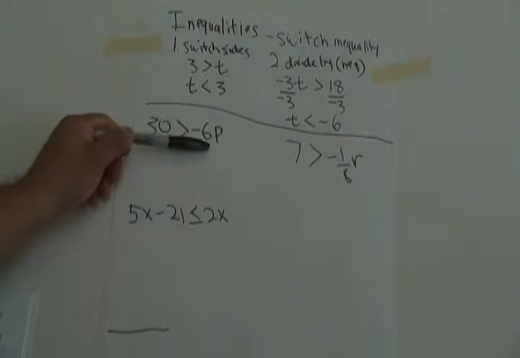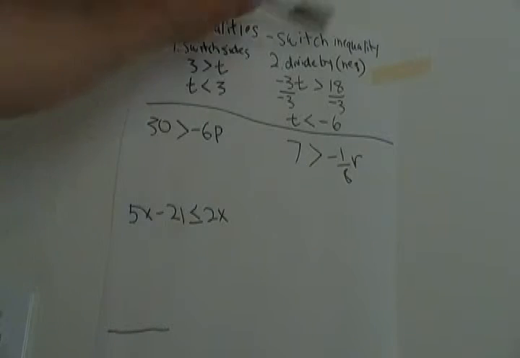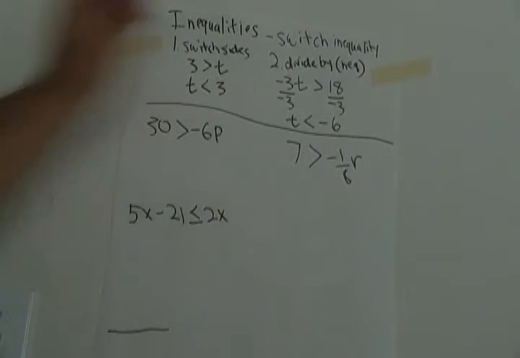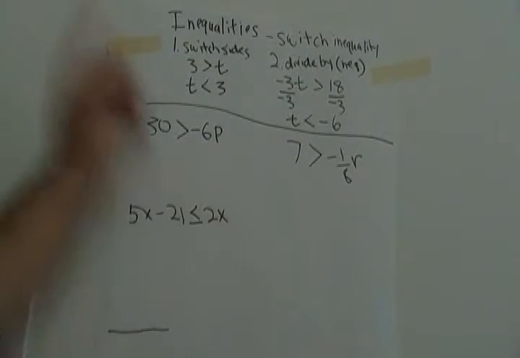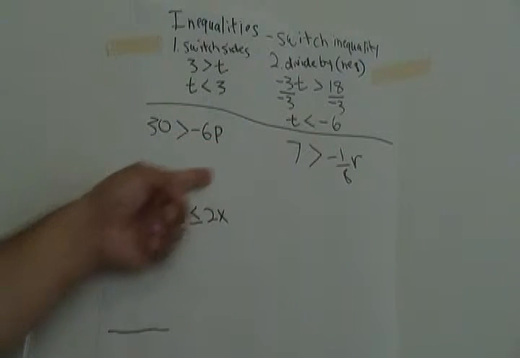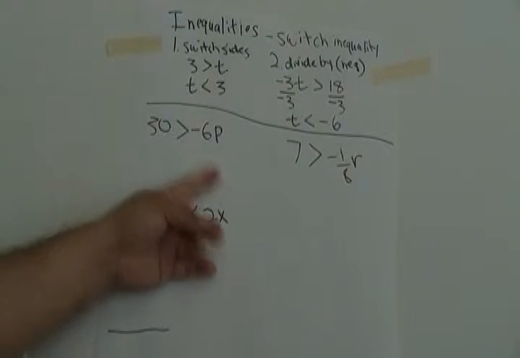30 is greater than negative 6p. What we talked about is that we switch inequalities if we switch sides or if we divide by a negative. You notice where the variable is? It's on the right, so we want to eventually switch it to the left. We're not going to do that now, but eventually we want to.